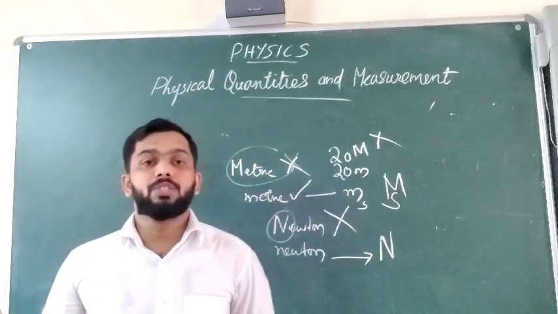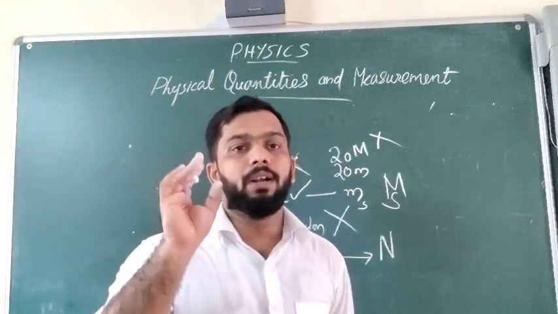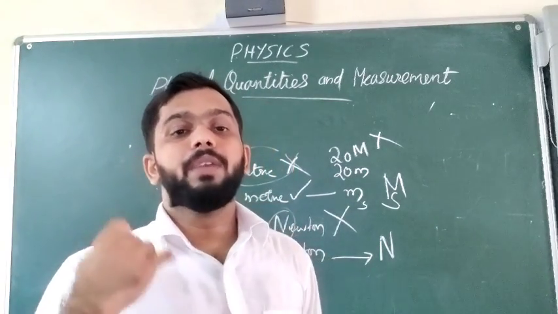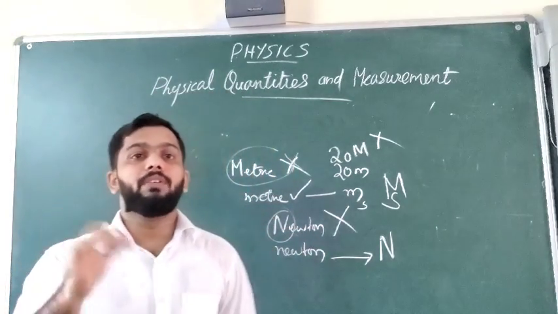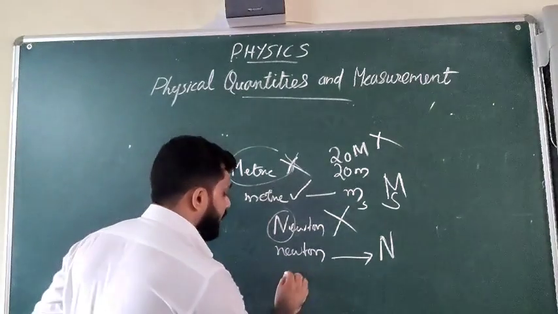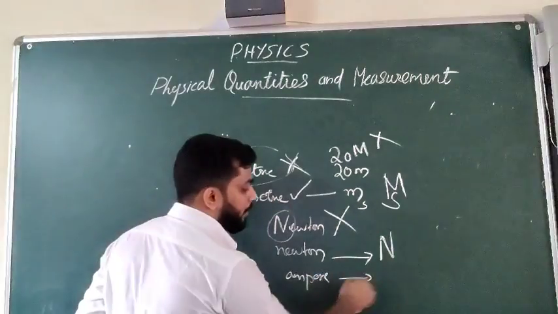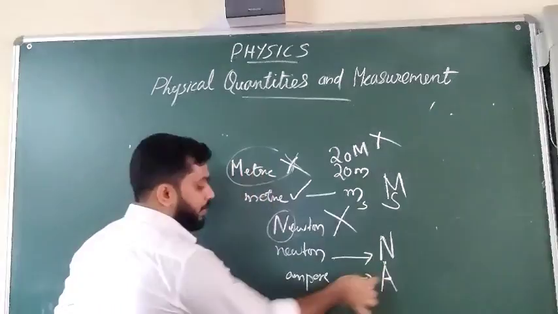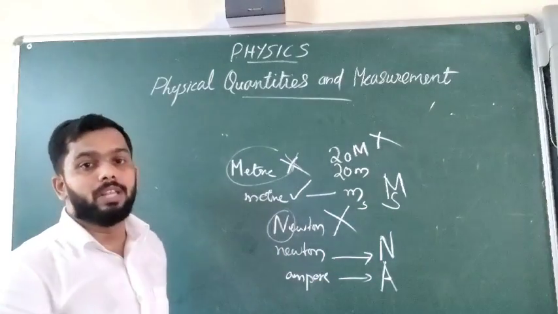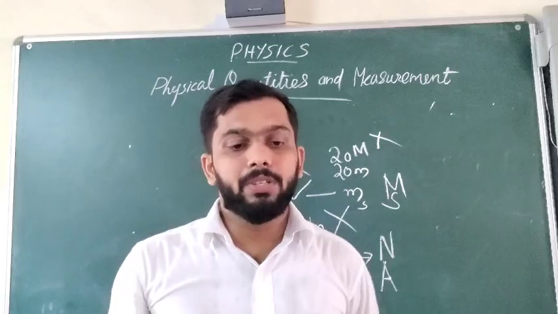Ampere is the scientist who gave many contributions to electric current. So in order to honor him, we have given the name ampere. When we write the name, we use only small letter ampere, but that symbol will become capital A, since that is the name of a person.